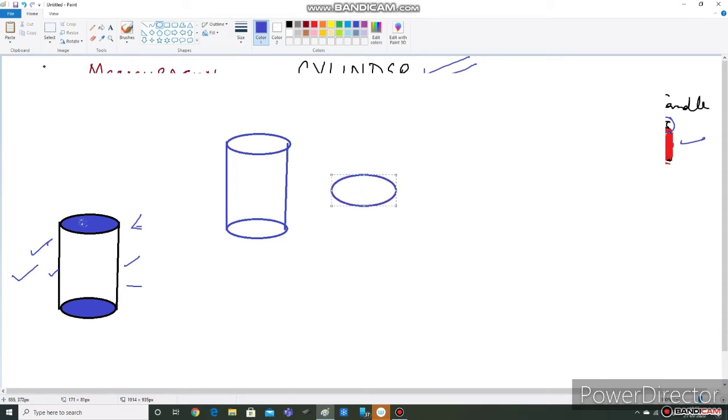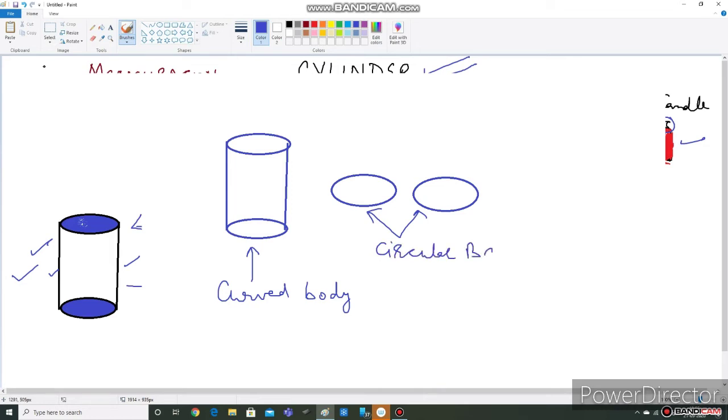This will be the top lid of the shuttlecock box, the first one, and this will be the second lid of the shuttlecock box. Now the beautiful thing is coming up. When I detach all the parts of the shuttlecock box, I will be left with a curved body and these two circular lids. I will call them circular bases. So three parts in total will be there, right?